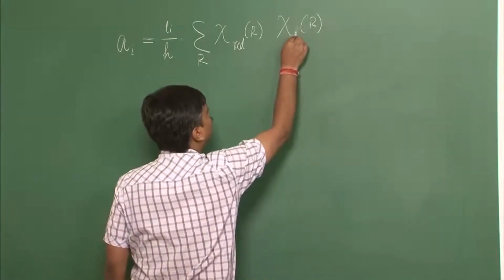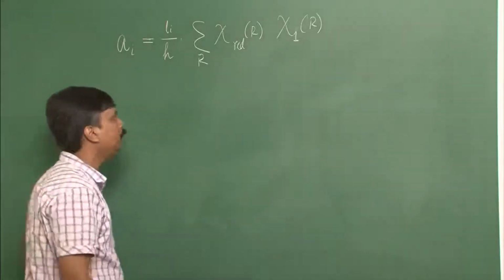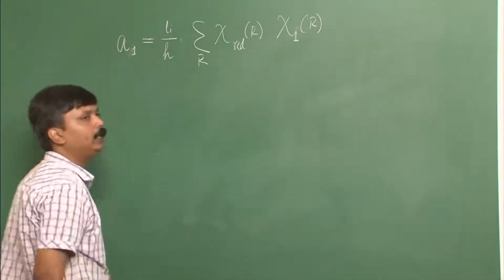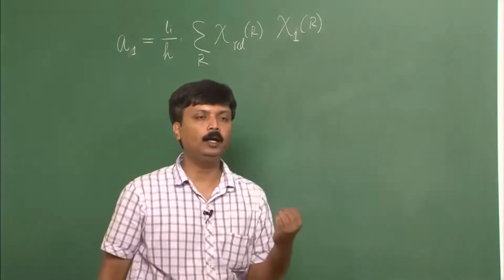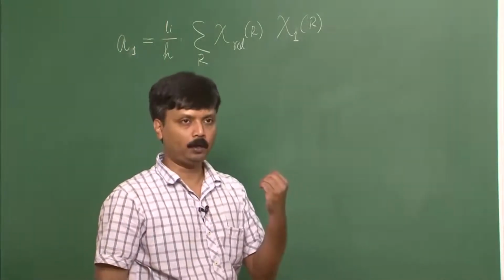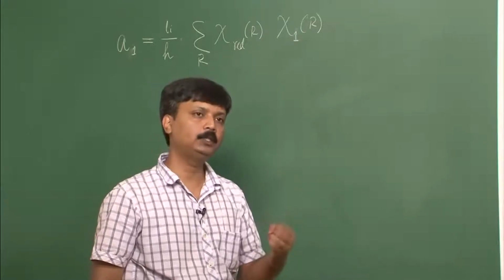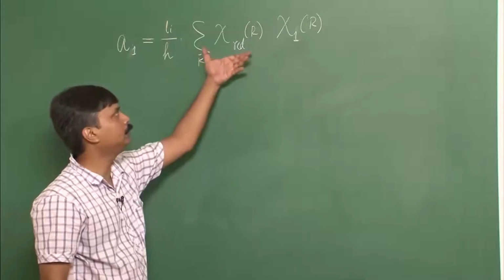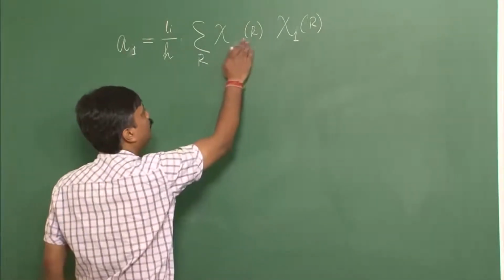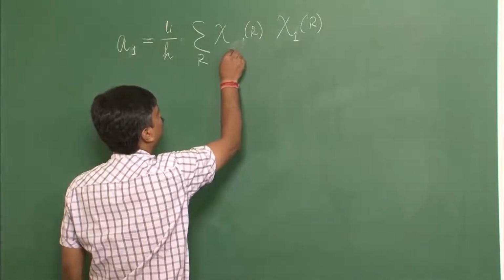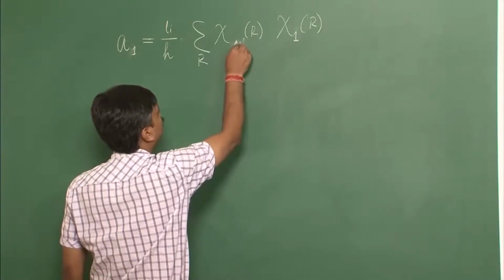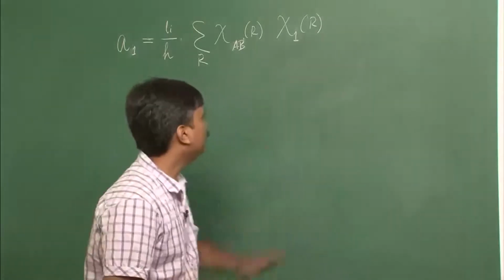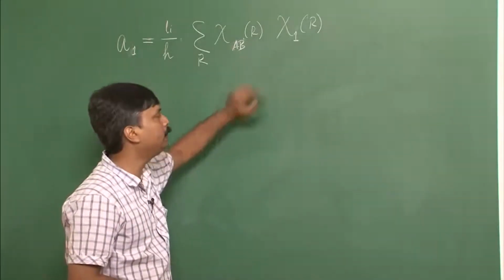So, if I replace this i by chi 1, and here I write A1, meaning that I want to find out the number of times the totally symmetric IR will occur in this representation, which in our case is AB, right, that is the direct product representation that we get.